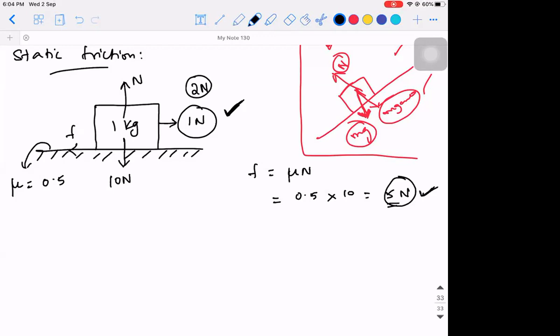At 5.00001, it will still exert only 5 Newton, because it cannot offer more than that. Are you guys able to visualize what I'm trying to say? So, till I apply that 5.0001 Newton, is the object moving or at rest?